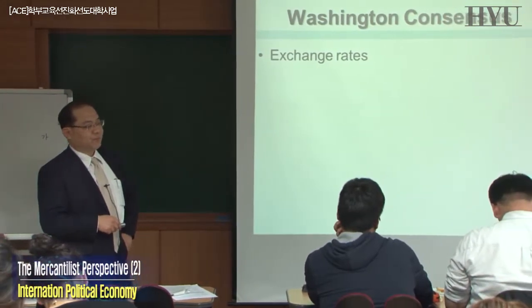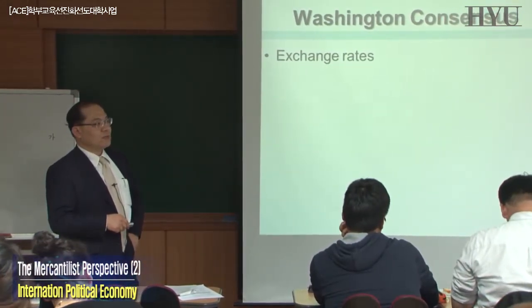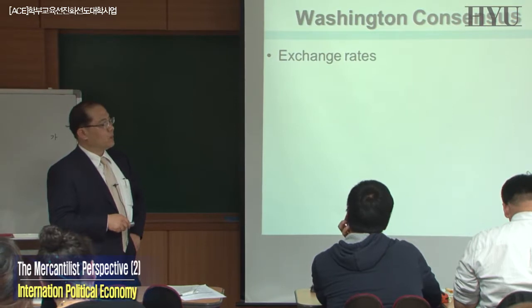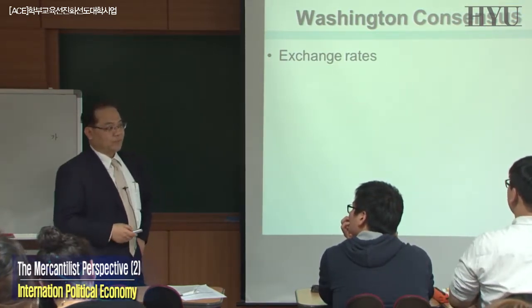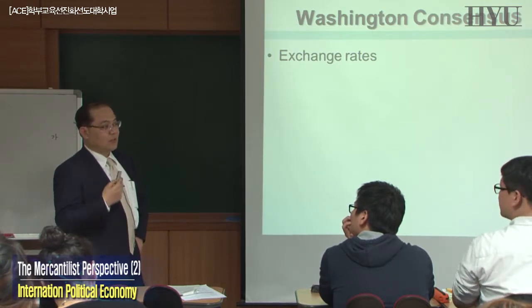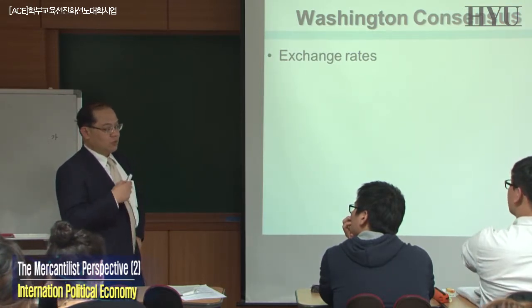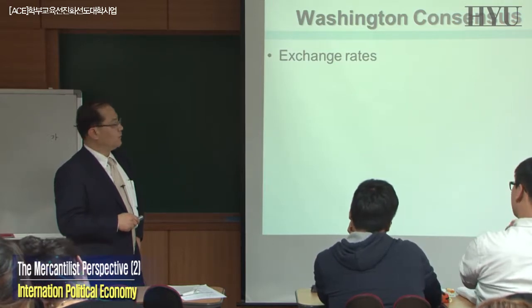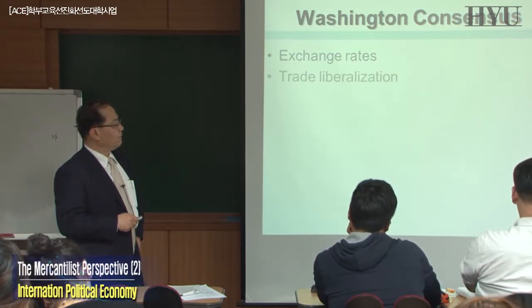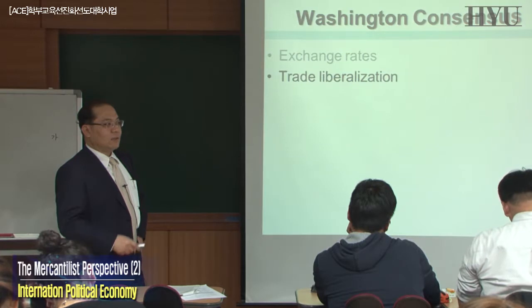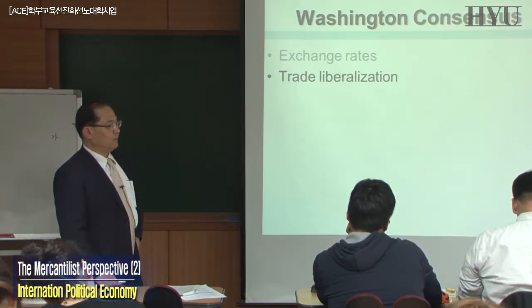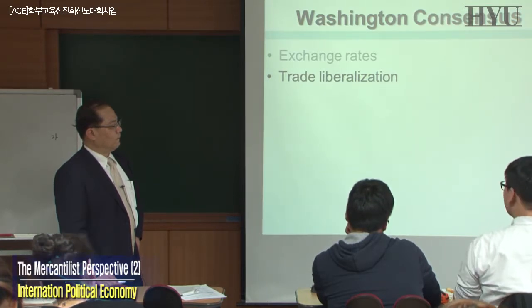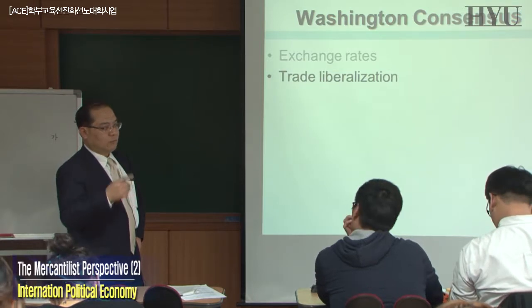Number 5, exchange rates. Exchange rates are also controlled by the government, or sometimes currencies are not convertible. So currencies should be convertible and exchange rates should be free. And trade liberalization: the more you trade, the higher the growth rate.